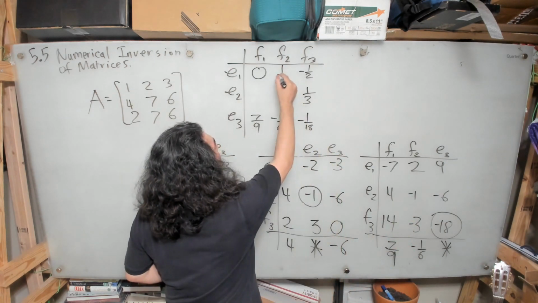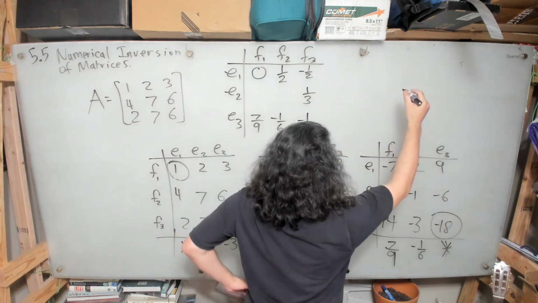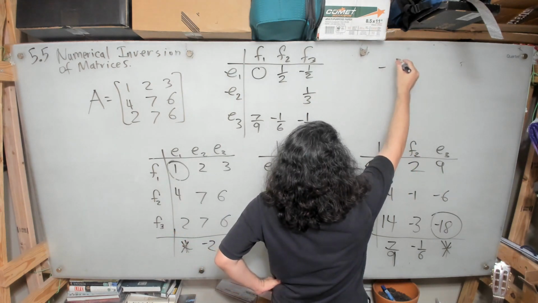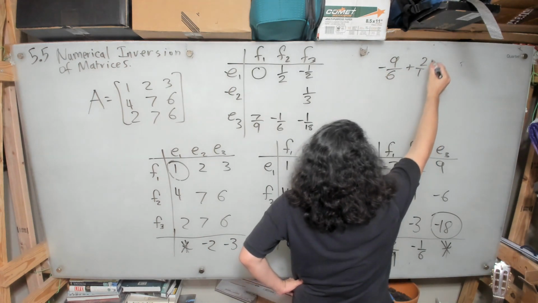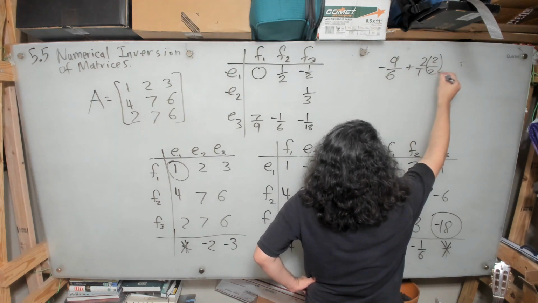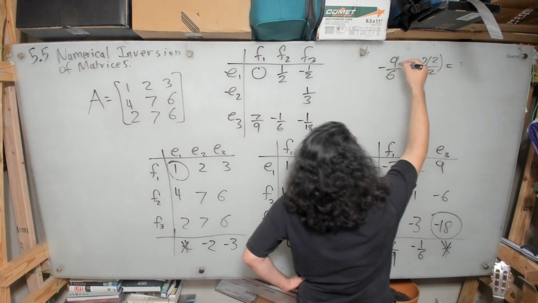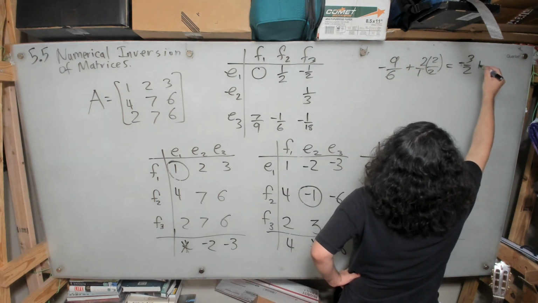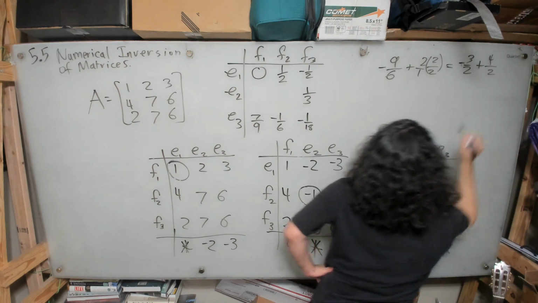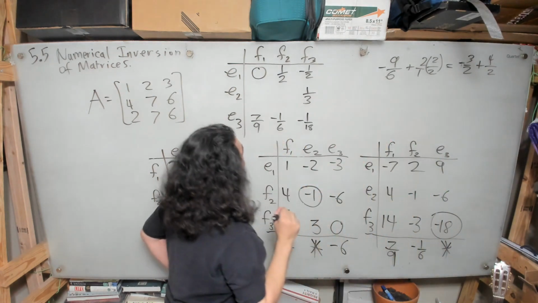Let me double check that, please, before my brain melts. So negative 9/6 plus 2/1. Multiply that by 2 on the top and bottom. I simplify this, divide by 3, divide by 3. Negative 3/2 plus 4/2. Oh yeah, it works. It's positive 1/2. That's right.